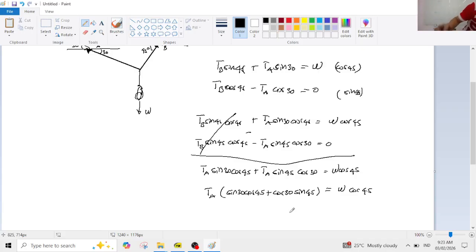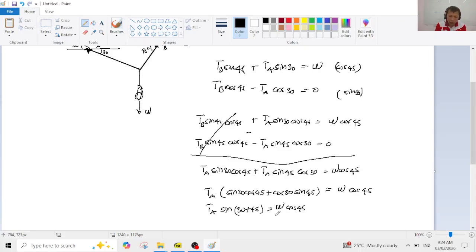May I get my identities? For sin cos plus cos sin, that would be a sine of the sum. So this would be TA sine of 30 plus 45 equals W cosine 45. 30 plus 45, that is 75.